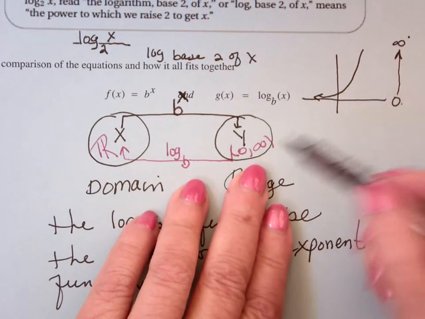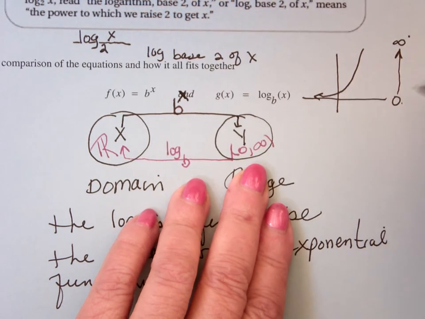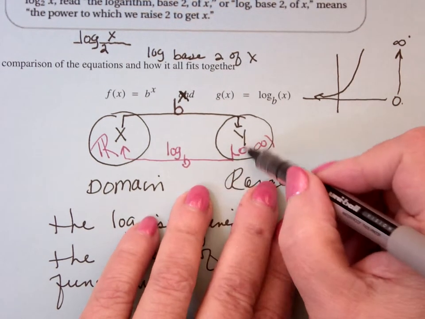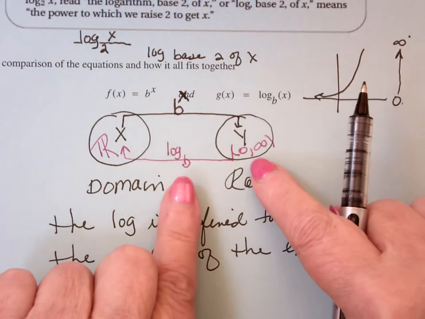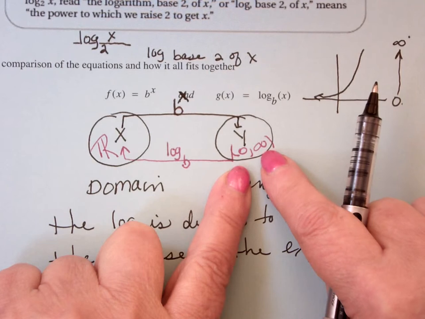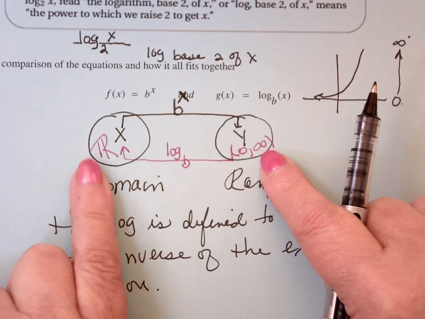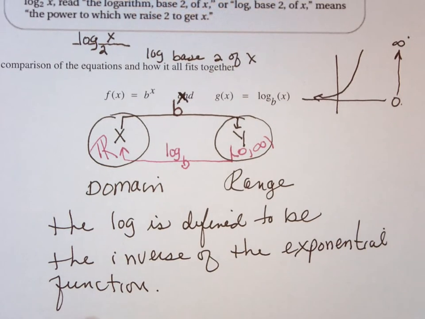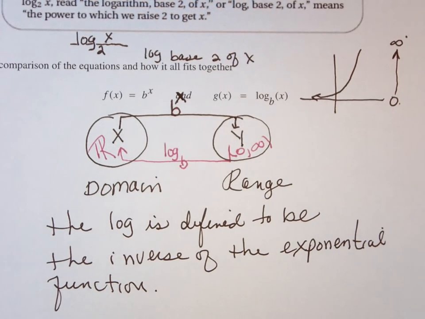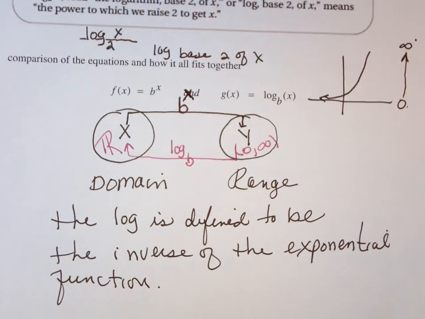And that means when the logarithm comes back, the logarithm only has numbers that I can put in for x between 0 and infinity, and then its range is all real numbers, as you're going to see when we start graphing it. So it is the inverse of the exponential function.